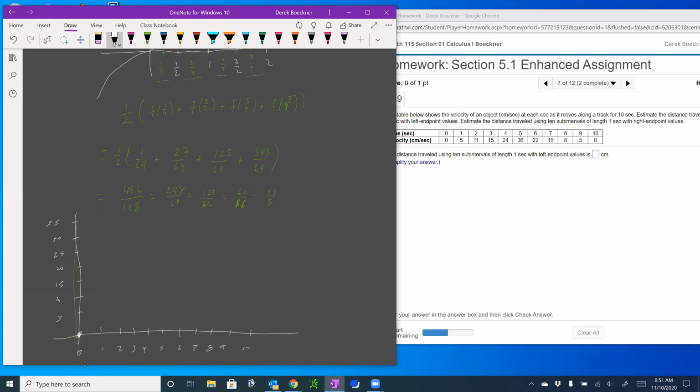Okay. So at 1, it's at 5. At 2, it's at 11. At 3, it's at 15. At 4, it's at 24. At 5, it's at 36. At 6, it's at 22.